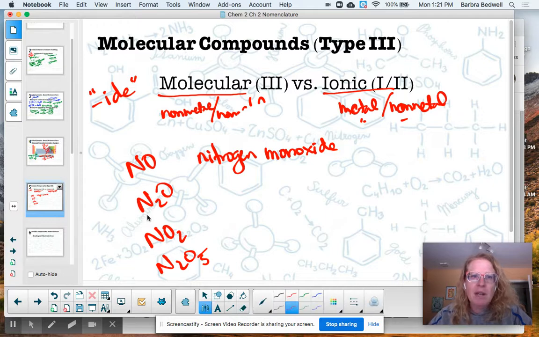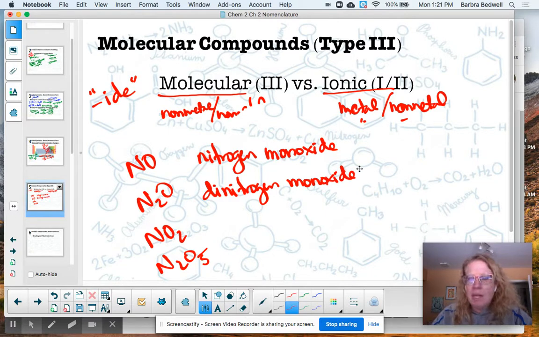Okay, our second one down here, 2 nitrogens, 1 oxygen. So we would name it as dinitrogen. We have 1 oxygen, monoxide. Again, super systematic, super easy how these work. Dinitrogen monoxide, I can look at that name and I can tell you exactly what the formula is, right? 2 nitrogens, 1 oxygen.